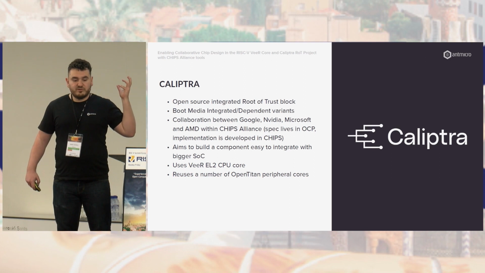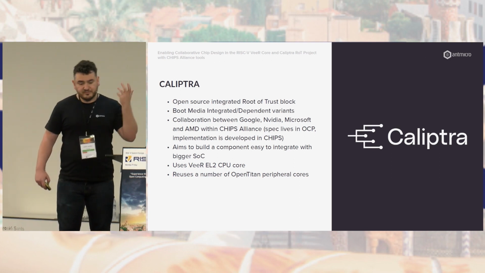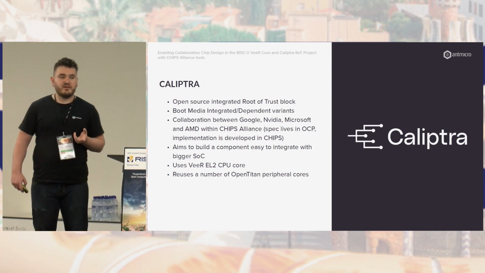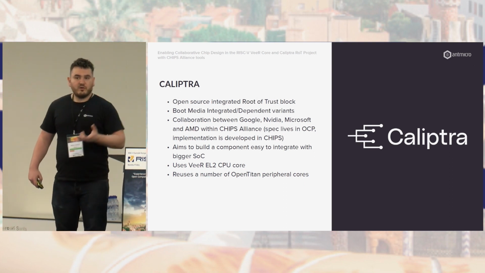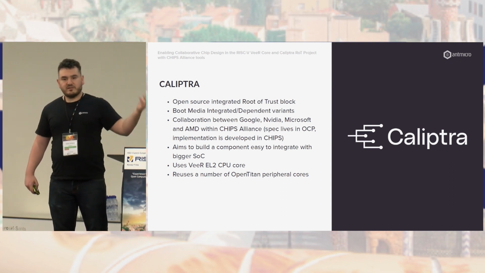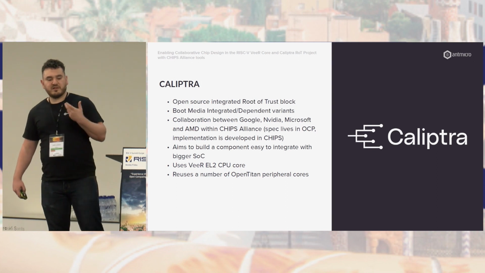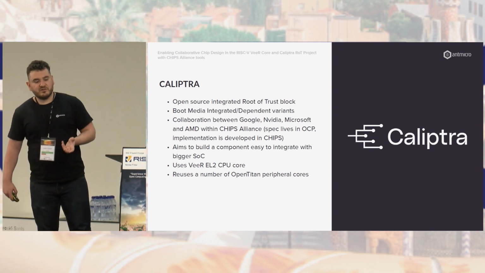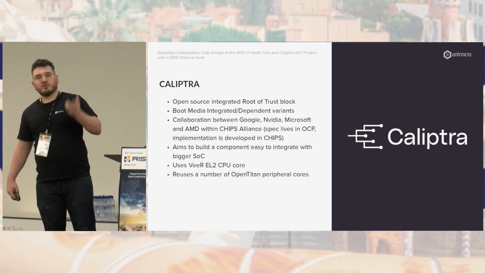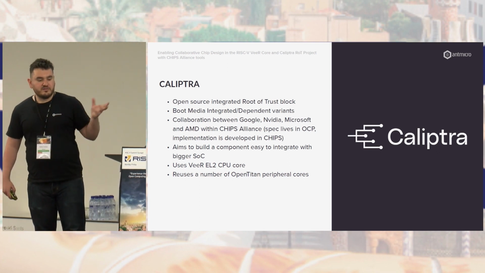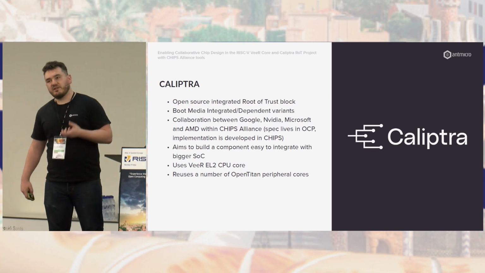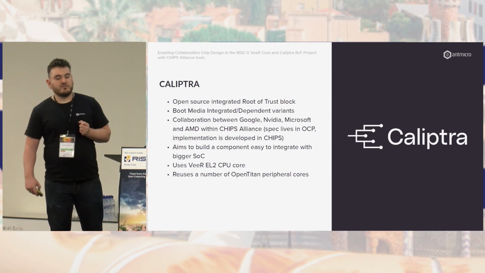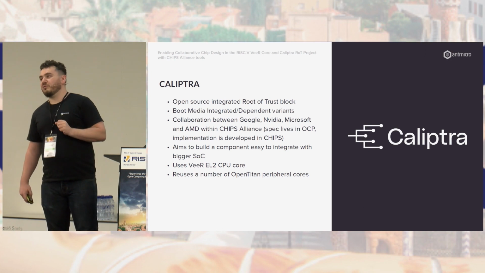It started as a collaboration between Google, NVIDIA, Microsoft, and AMD. And the main development is done under Chips Alliance, basically in GitHub repositories within the Chips Alliance organization. However, the project originally started and the specification still lives in the Open Compute Project. So if you want to read the spec and see what's there, you have to go to Open Compute Project.